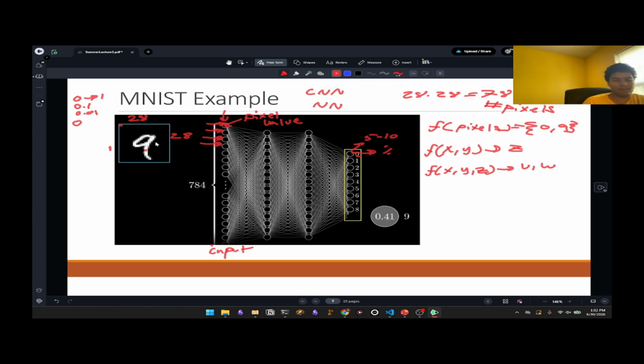But if you feed this image, which is a 9, you want the node corresponding to a 9 to be really high. So 0.41 is decent, but you'd want it to be greater than 50%. Then you sample from this and realize, oh, the model is pretty confident that the digit that you gave it is a 9. So that's what our system that we want to set up should be able to do.